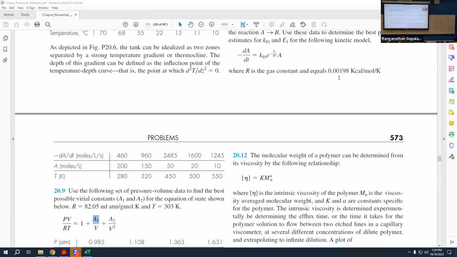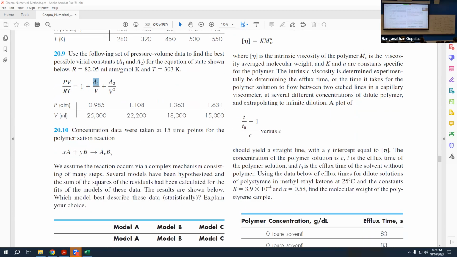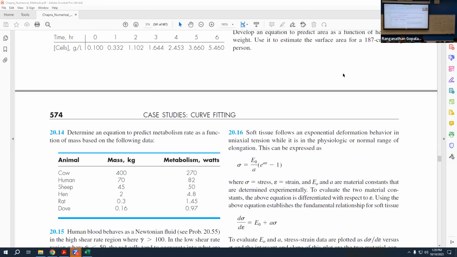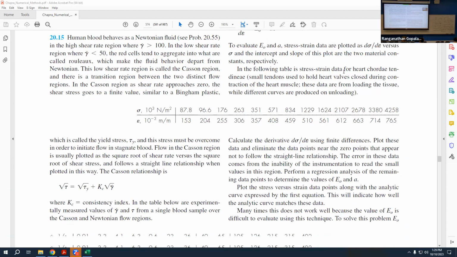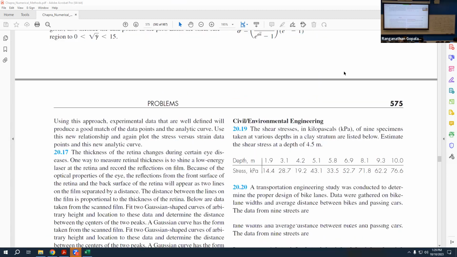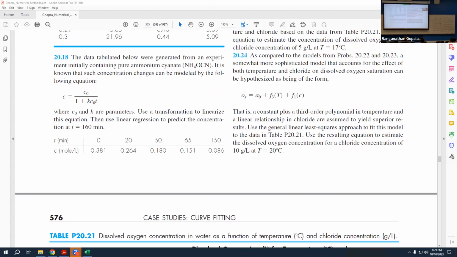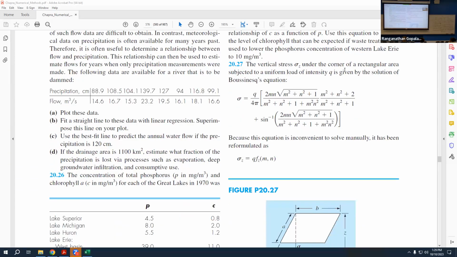But the word problem will not be heavy. It will be pretty straightforward, like what we did. They have a lot of non-linear regression, which we didn't cover through pencil and paper. We did only MATLAB. So maybe that I won't ask.